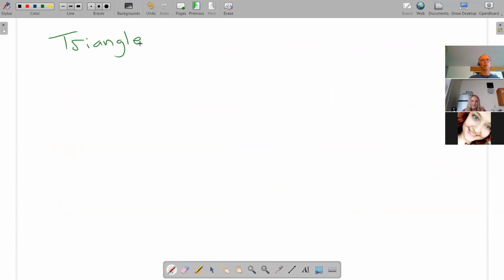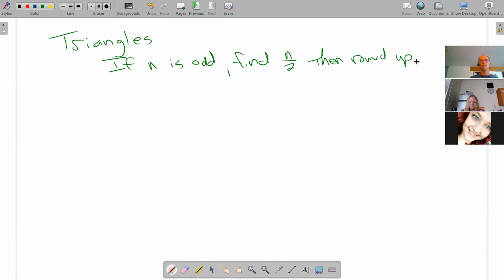Triangles, if n is odd, find n over 2, then round up. Example, n equals 7.